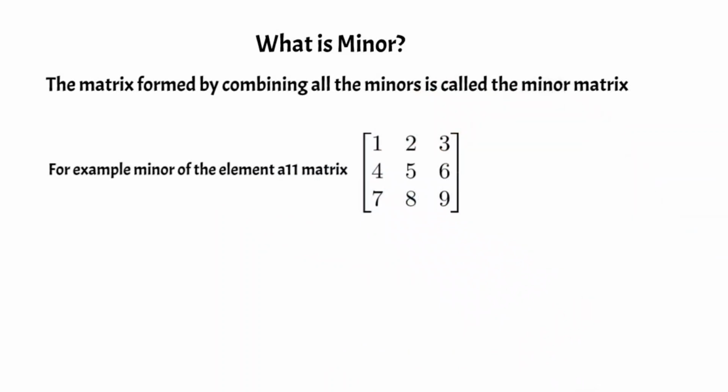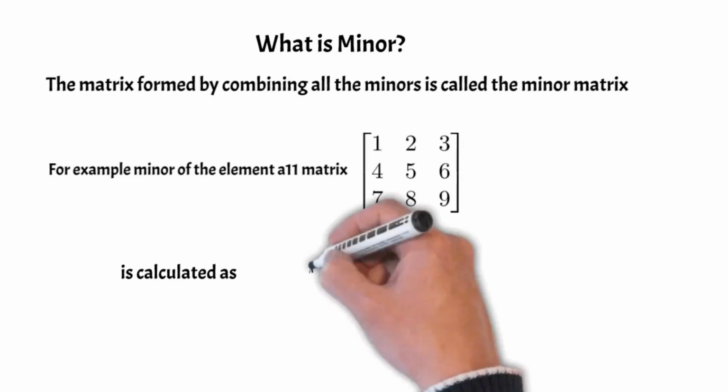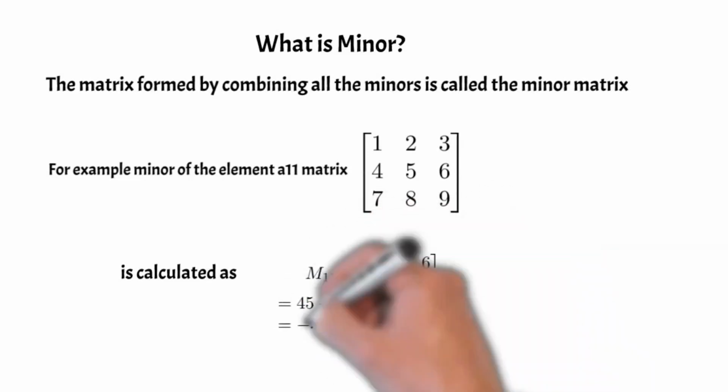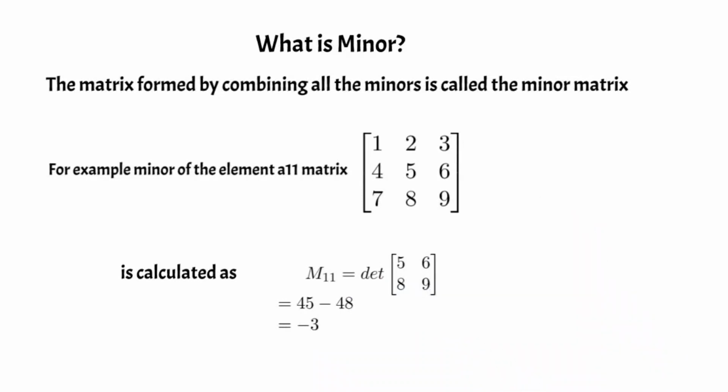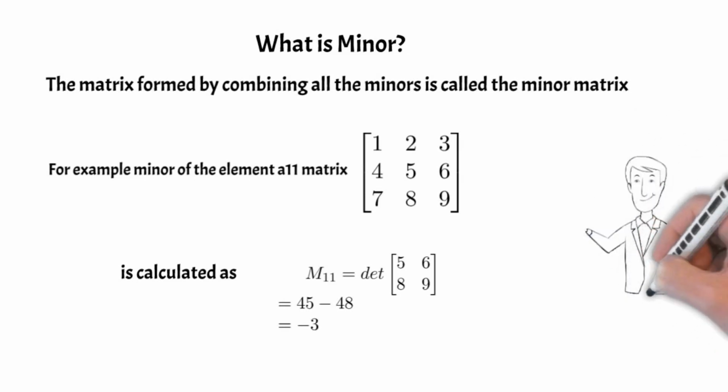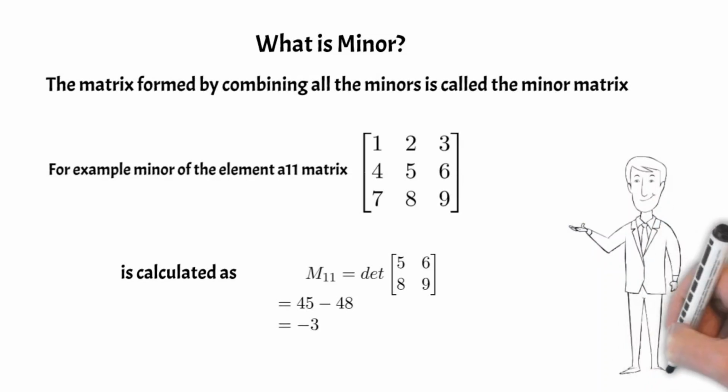For example, the minor of the element A11 of the matrix here is calculated as M11 equals the determinant of 5, 6, 8 and 9. So 5 times 9 equals 45, 6 times 8 equals 48. And then M11 equals minus 3.